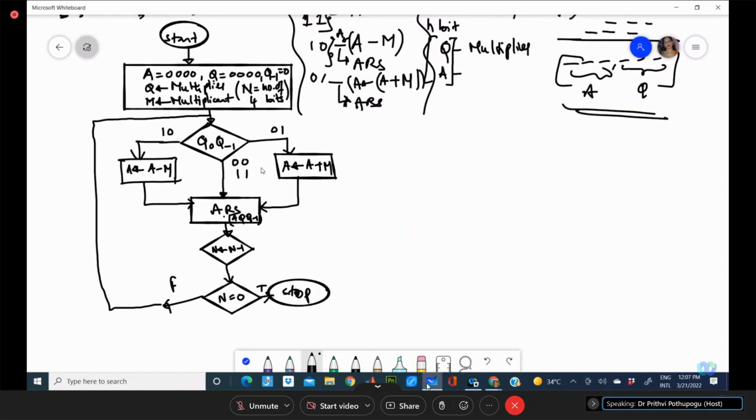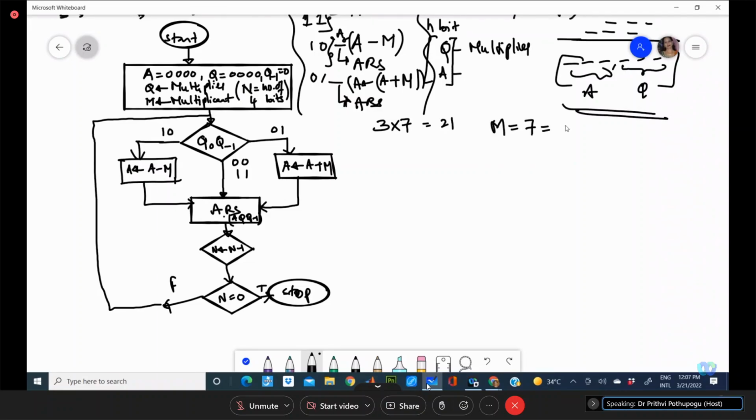Now maybe we'll take one example, and you can understand this a little more clearly. Say we'll take 4 bits itself. Say multiply 3 with 7. What should be your answer? Positive numbers I am taking. It should be 21. So say I'm taking M as 7.